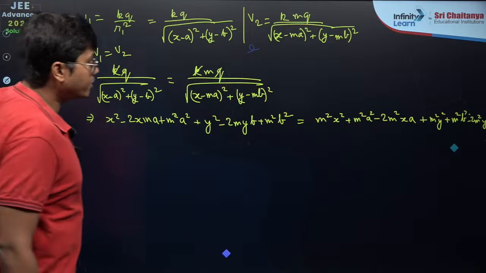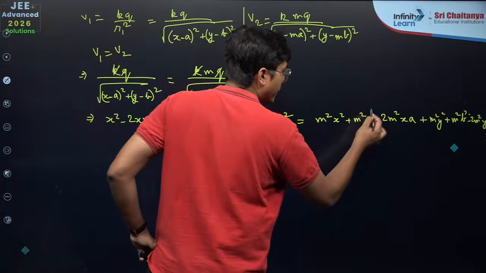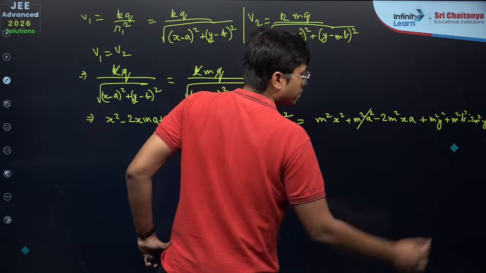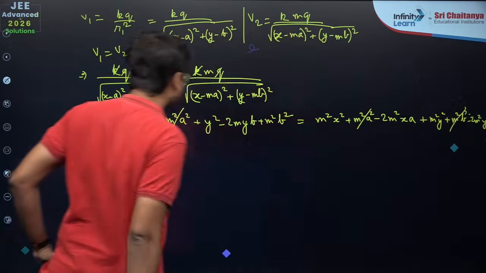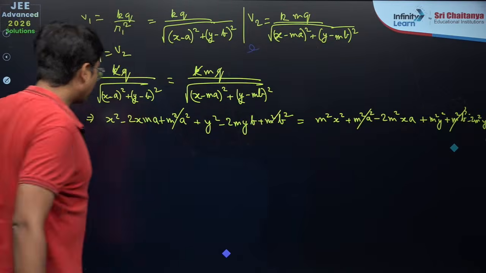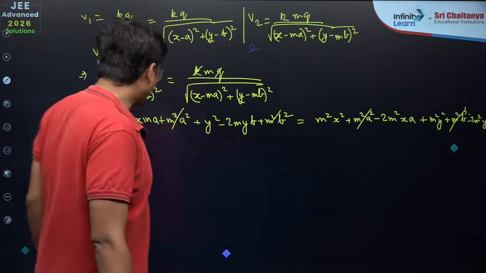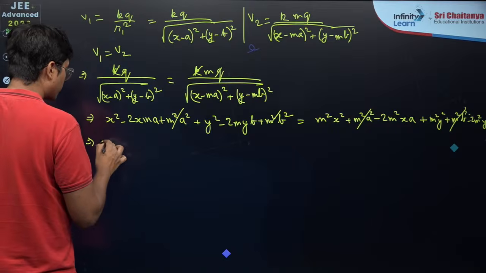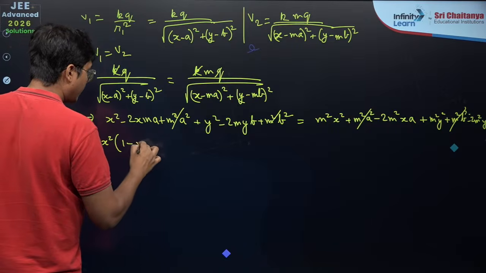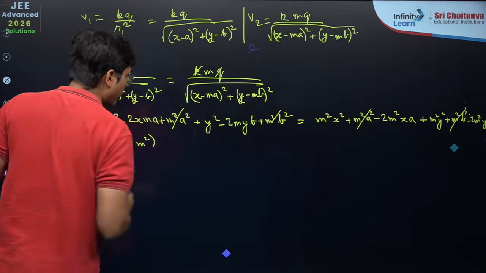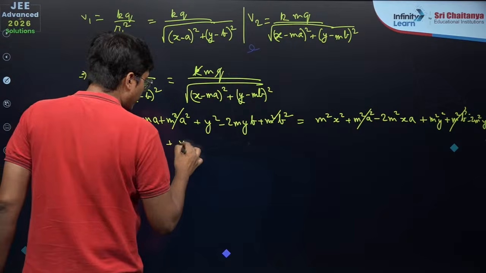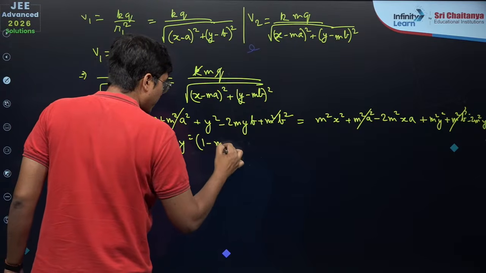Big long equation. Some stuff can be cancelled out. m square a square can be taken out. m square b square is there, right? That should be taken out. That goes out. What do we have here? We can take the m square x square over to this side. I will have an x square times (1 minus m square), basically this x square m square brought here. Same way I'll have a y square times (1 minus m square).